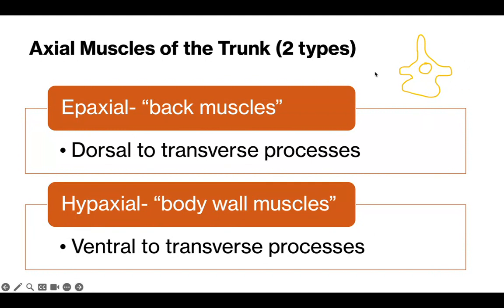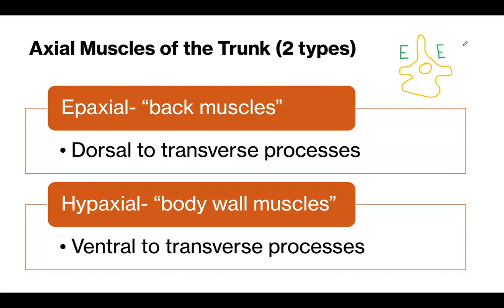So I have obviously a very anatomically correct vertebrae here. So here we have the spinous process, and on the sides facing laterally, we have the transverse processes. The epaxial muscles will be dorsal, meaning posterior to those processes.